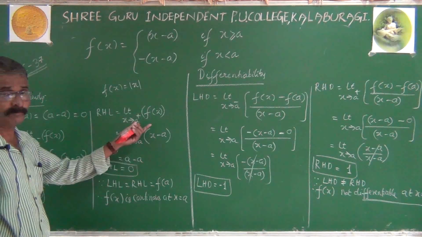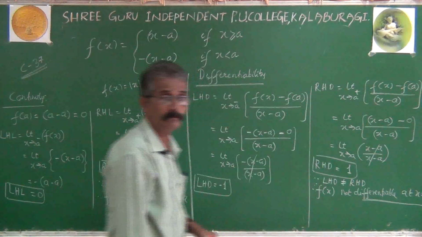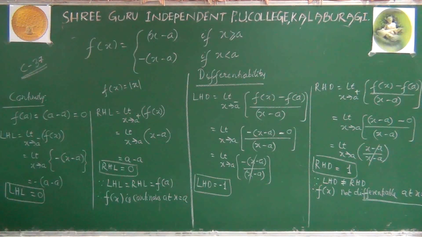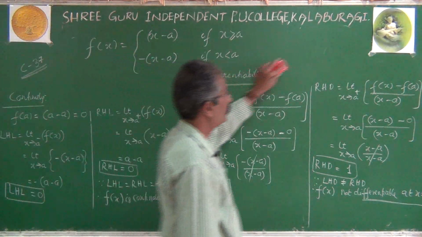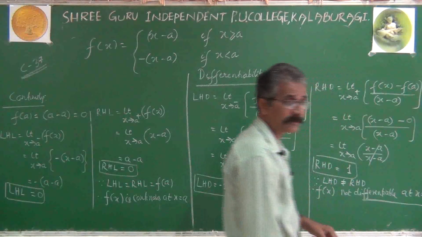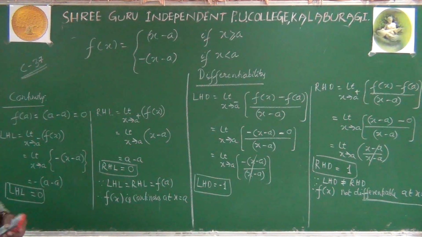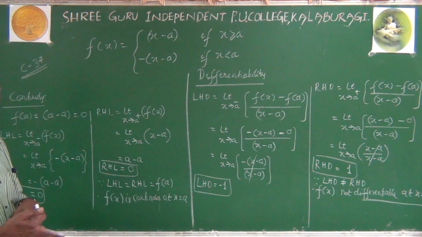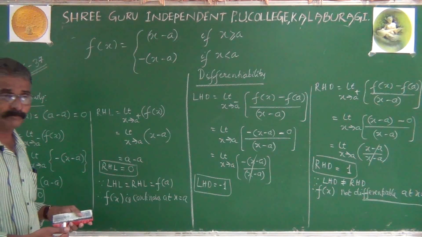Or I can take this example only: mod of (x minus a), continuous at x equal to a but not differentiable at x equal to a. And that's why I said, whenever a student scores distinction, 100%, marks are more than 35, but conversely, when marks are more than 35, the result may be distinction, may not be distinction.